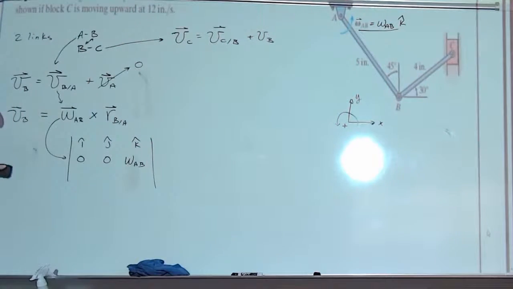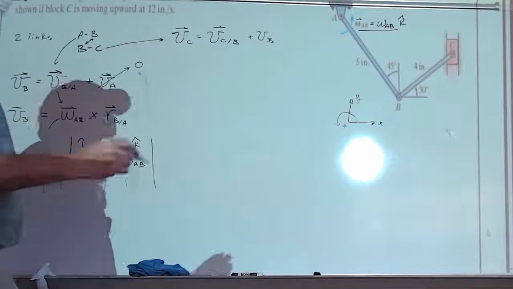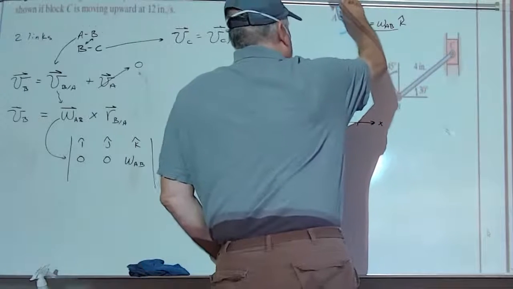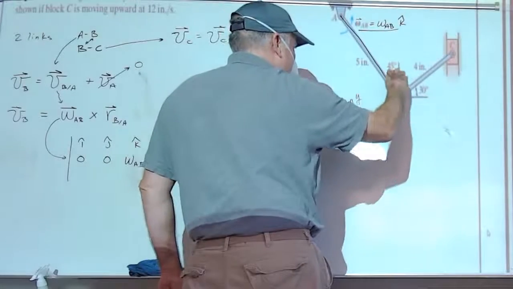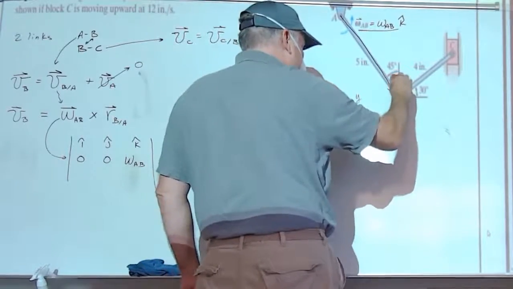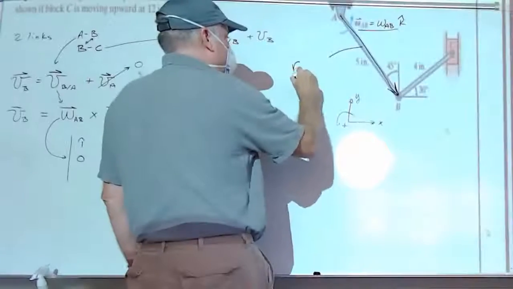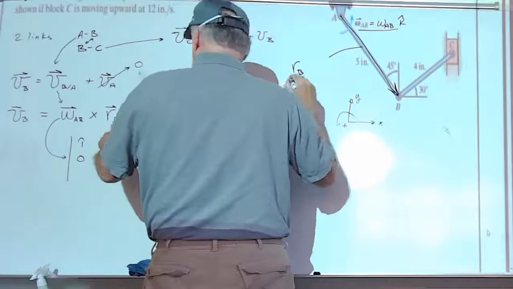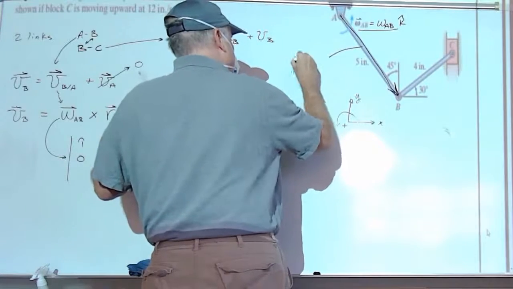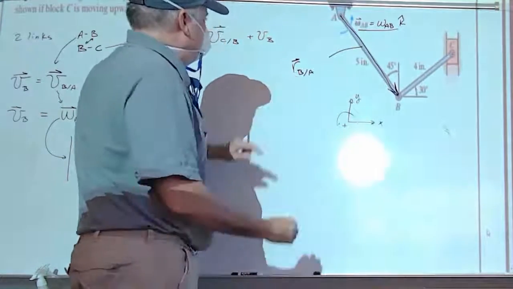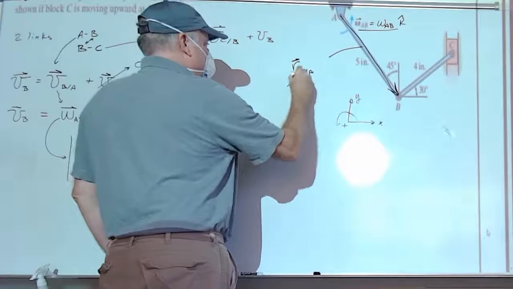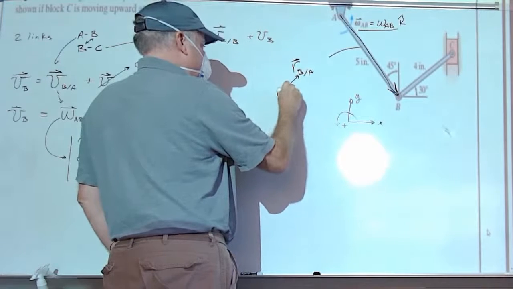So now that you have that, the next thing is the R B/A, pointing to B, originating from A. So that's a vector that comes like so, and that vector is R pointing to B, originating from A. So you can put it like this is the arrowhead.